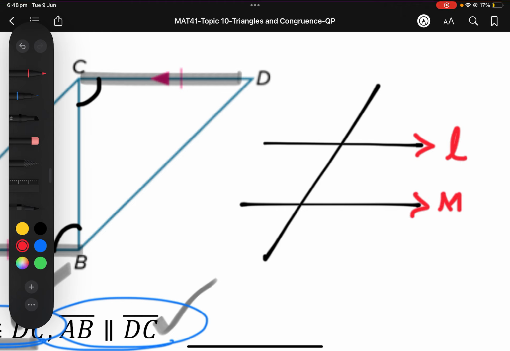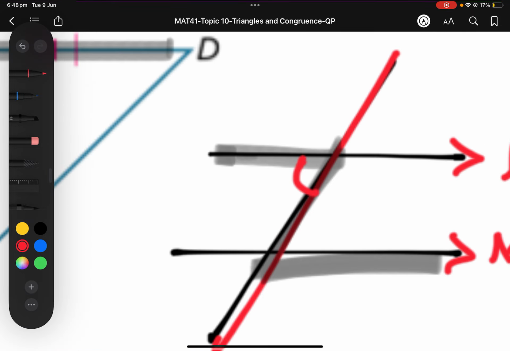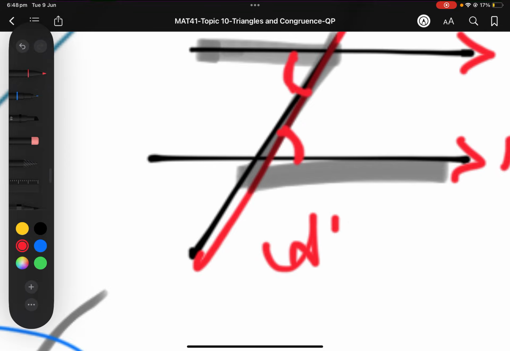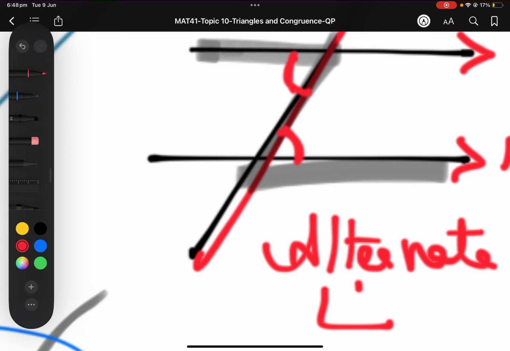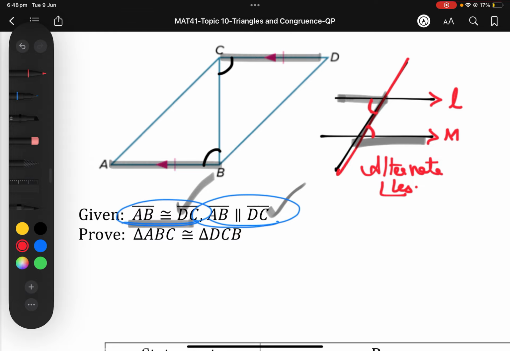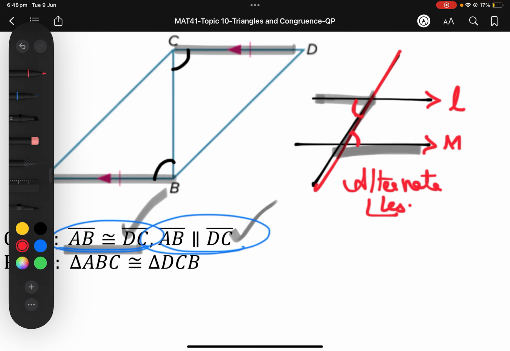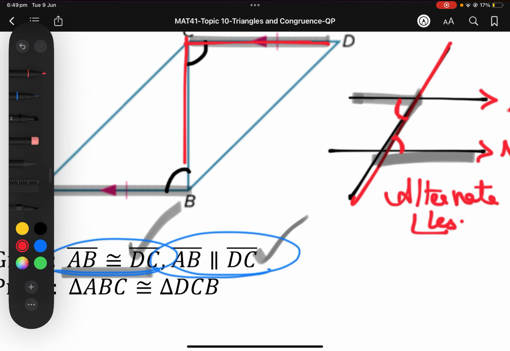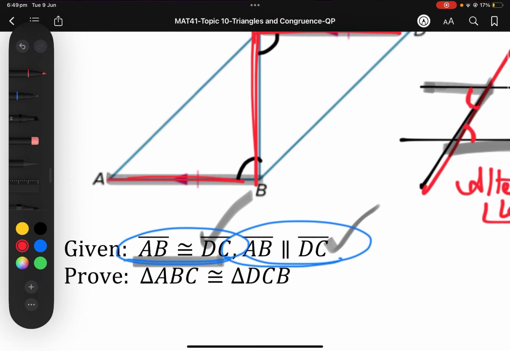Okay, in between the parallel lines, if any line goes and it looks like a Z, what does it look like? It looks like a Z. The angles that I get on the corners of the Z will be called alternate angles. So also here it is forming a Z. It is not necessary that the Z should be tilted this way.